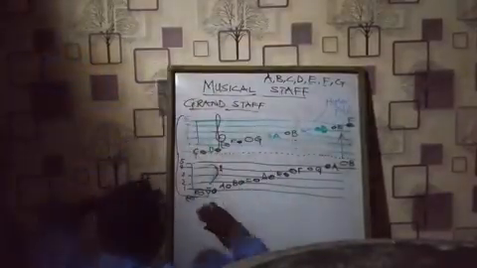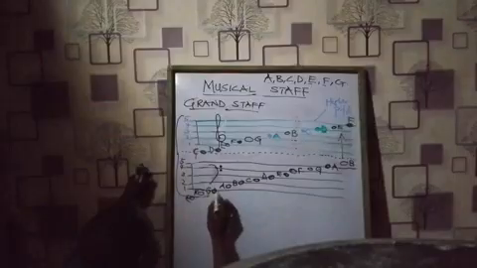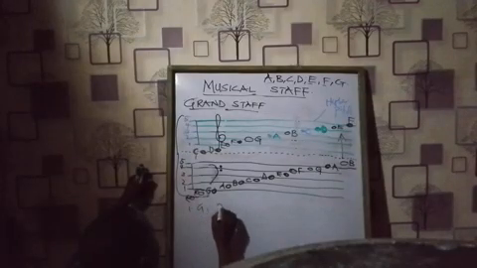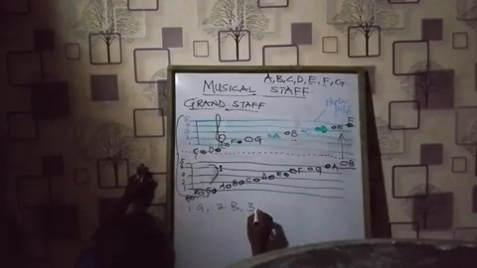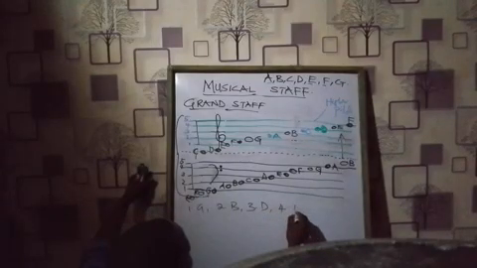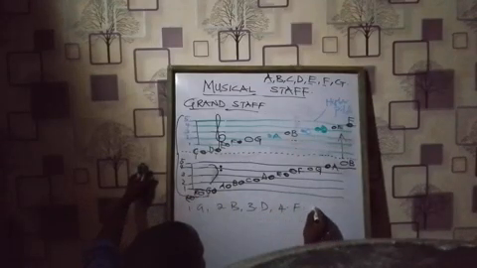Let's see. On the line now, this line one. On line one you have what? You have G. Line two you have what? You have B. Line three you have what? You have D. Line four you have what? You have F. Line five you have what?